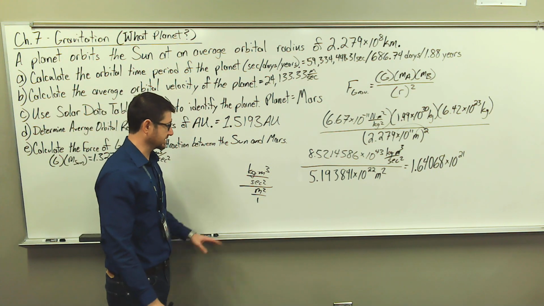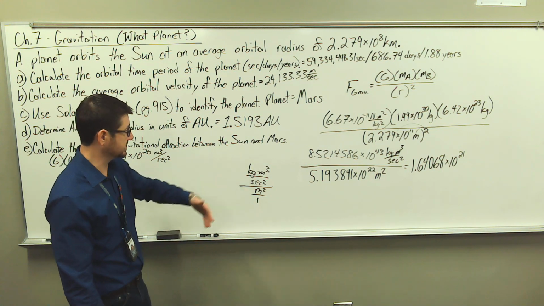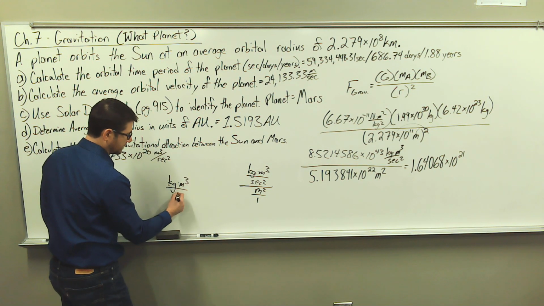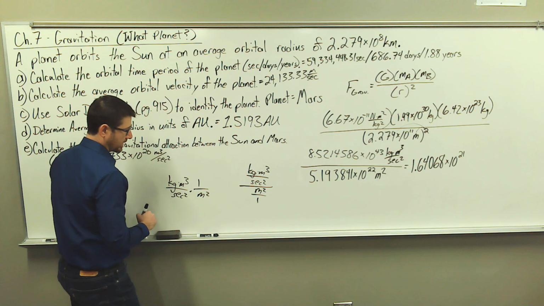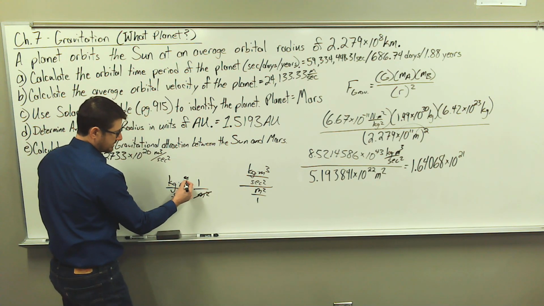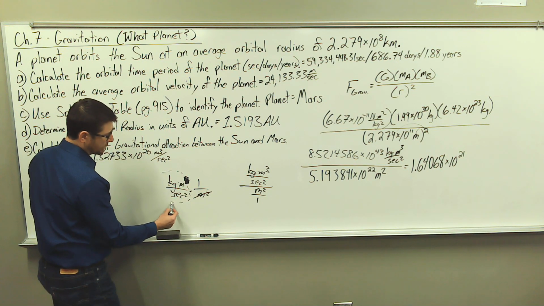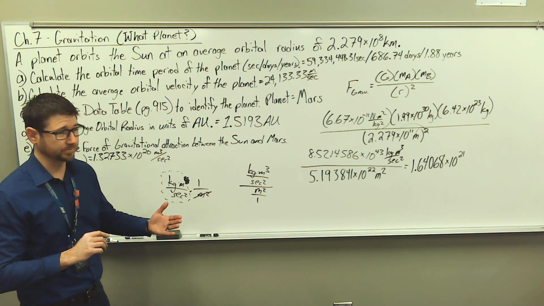So let's go ahead and divide fractions. So it's like multiplying by the reciprocal of the denominator. So kilogram meter cubed per second squared times 1 over meters squared. We've got 2 of the meters that will cancel. And you know that a kilogram meter per second squared is equal to a newton.